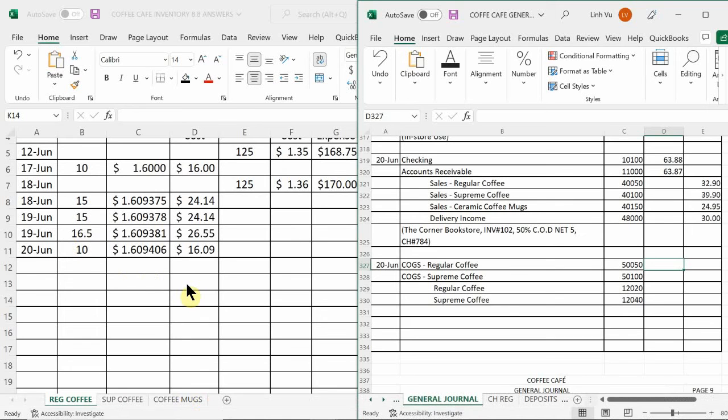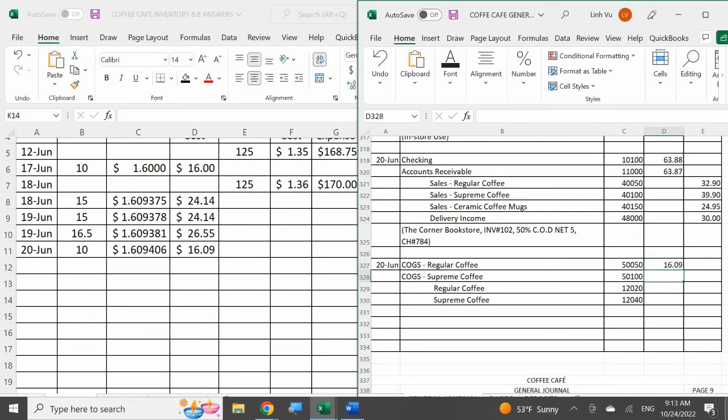This is the regular coffee. It would be 1609.